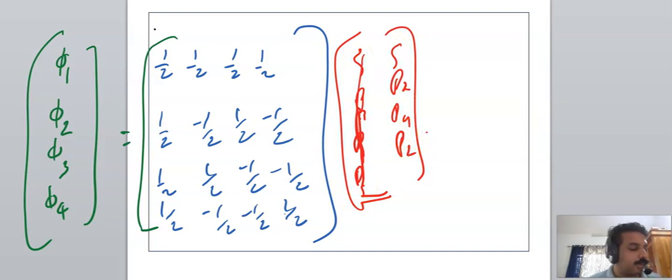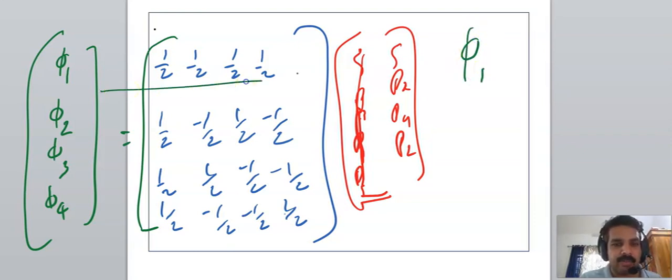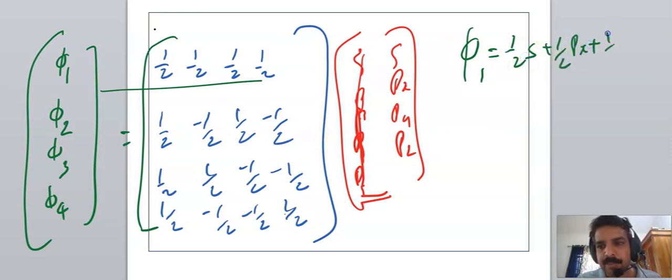So our hybrid orbital phi 1, by multiplying this matrix with this column matrix, is 1 by 2 s plus 1 by 2 px plus 1 by 2 py plus 1 by 2 pz.